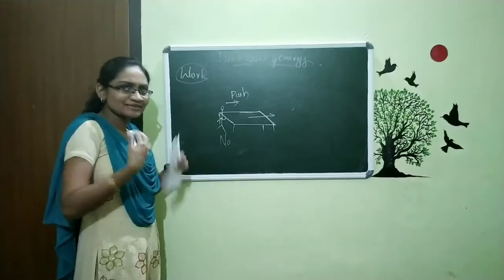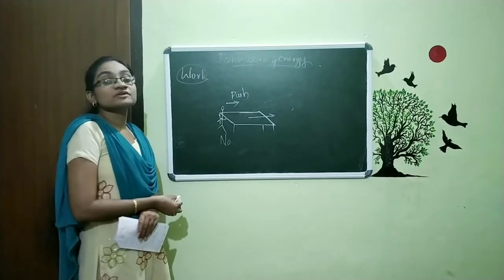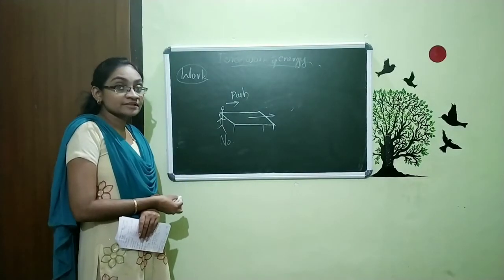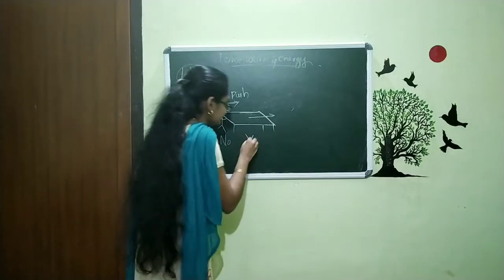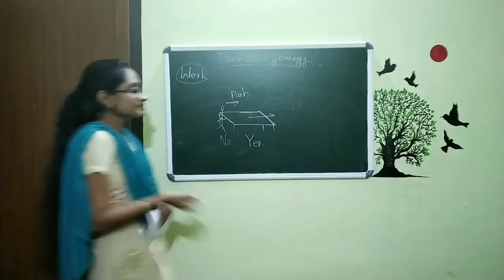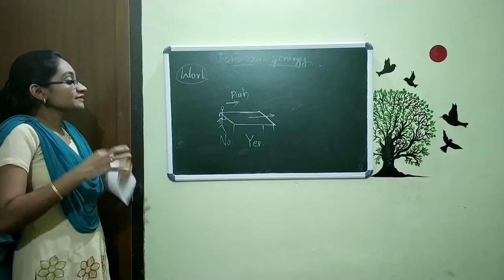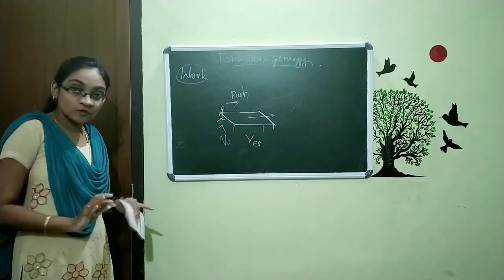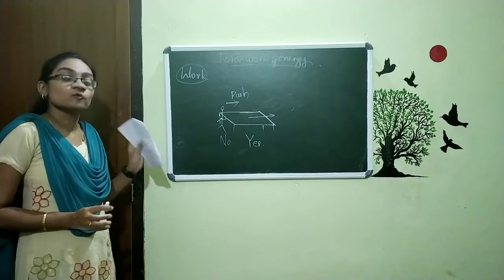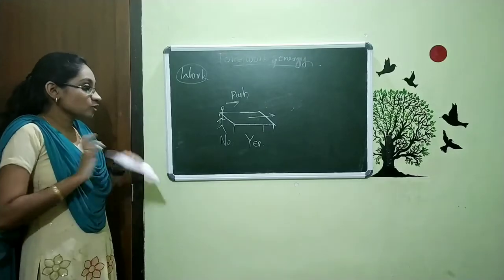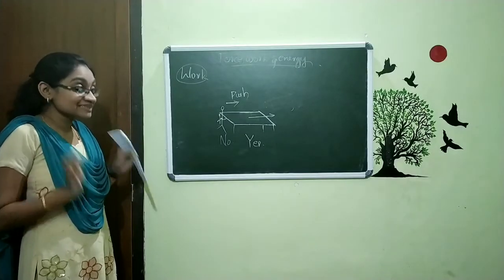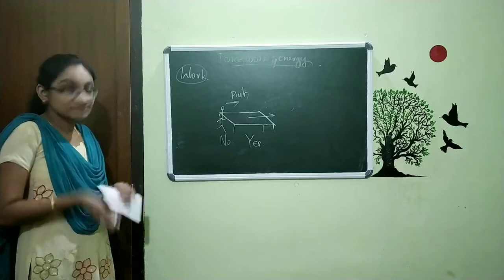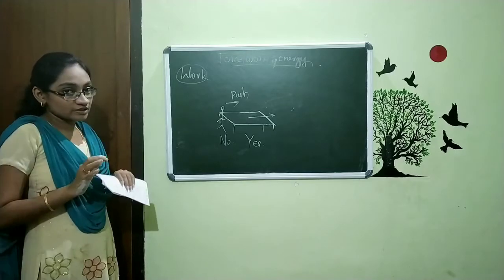That means the table starts moving. Now, what about the work? Does work done occur? Yes, there occurs work done. So for all types of motion with the application of force, we can say there occurs work. And if there is no motion or no position change with the application of force, then we can say there is no work done.